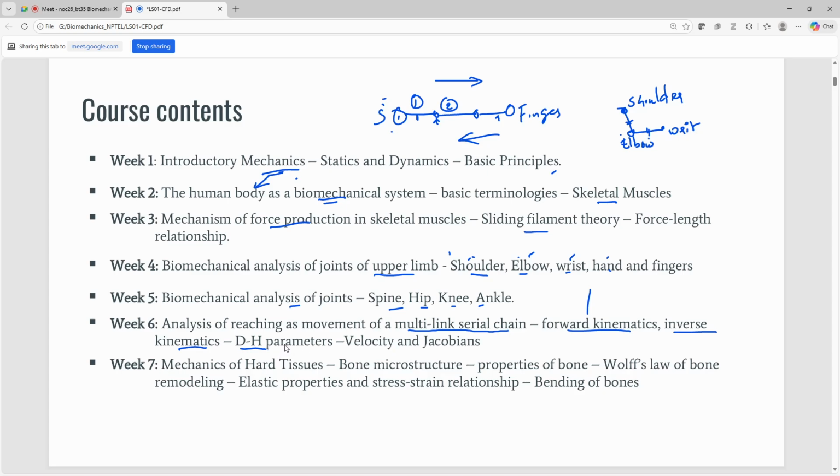That is a simple formulation developed by two mechanical engineers, Denavit and Hartenberg, and they created that system. It is widely used in our pick and place robots.